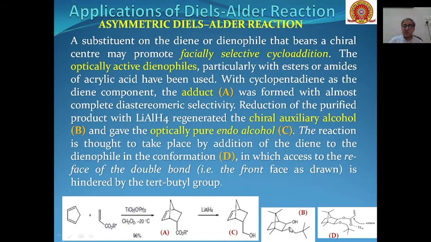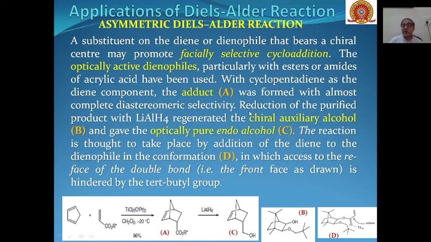This chiral alcohol reacts with the acid to give us COOR, and that means this dienophile will now become chiral, and this chiral dienophile will react with this diene, and we will get this adduct A. This adduct A will have the stereoselectivity same as that of this alcohol. So the adduct will be formed with almost complete diastereomeric selectivity.